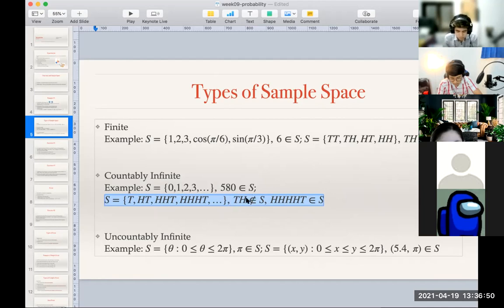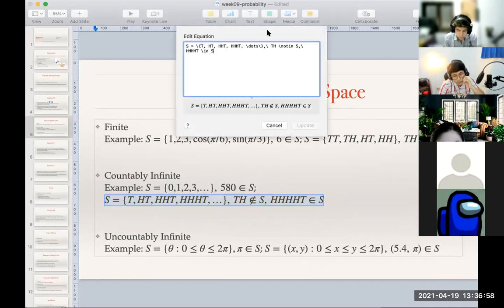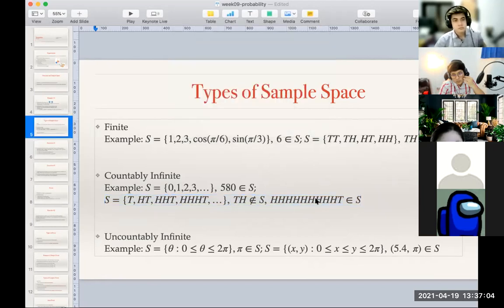But there's another explanation here. Let's say we have 4 heads here. If I have like 10 heads, this should still come through, because the requirement earlier is only that the last coin should show up as a tail.